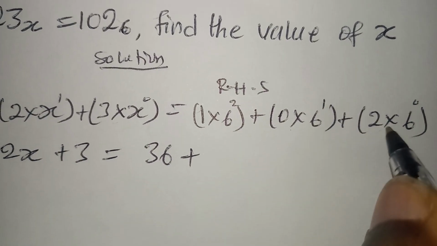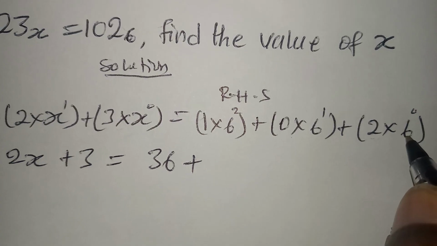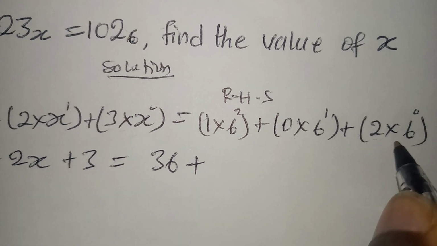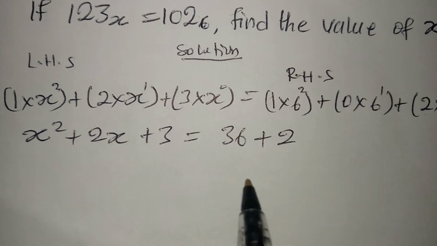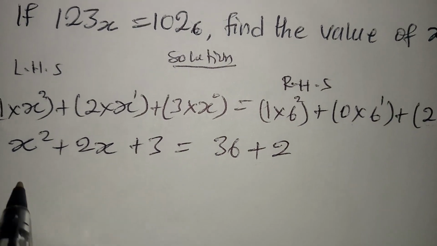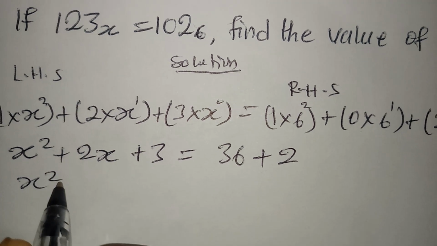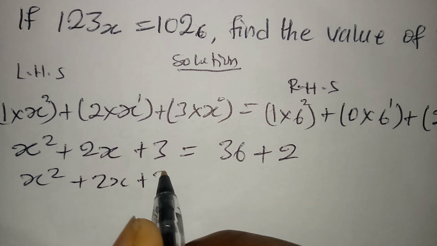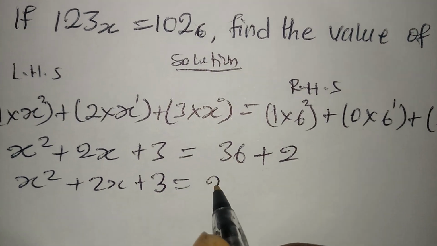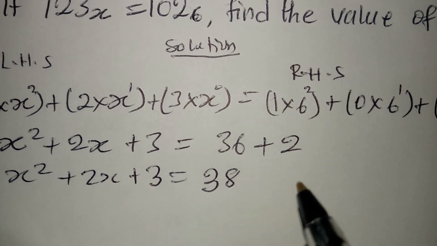Then we have 2 times 6 exponent 0, which is 1, so that will be 2 here. Now let's perform the arithmetic. We have x squared plus 2x plus 3 equal to 38.